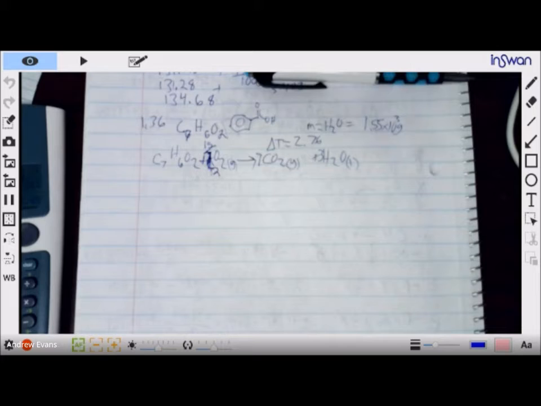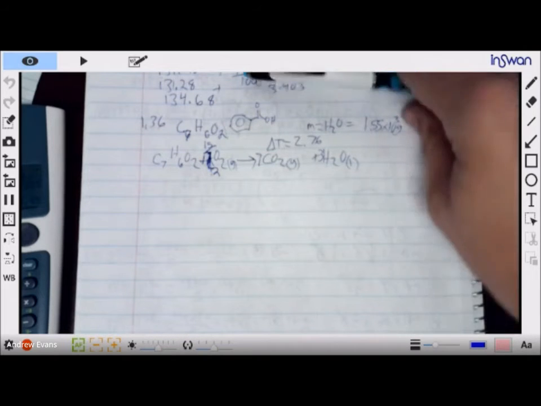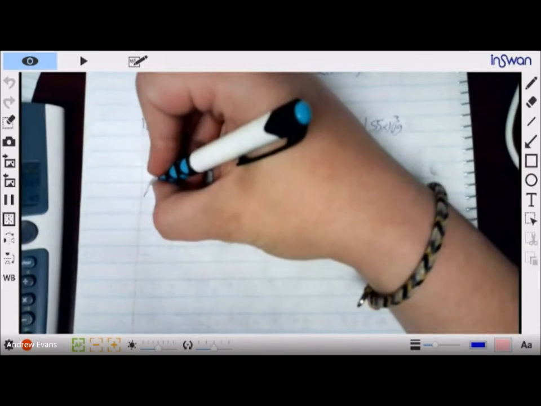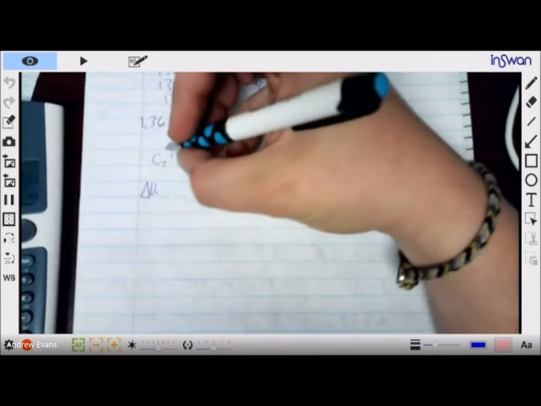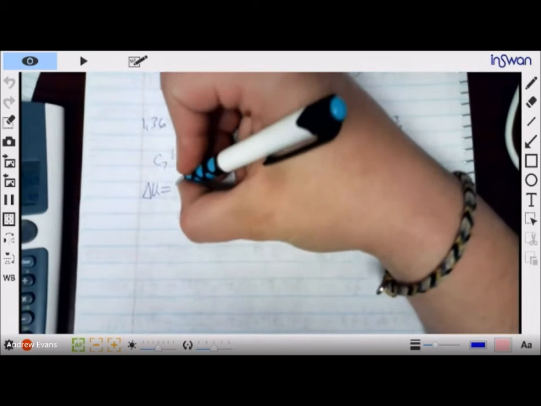Okay, so they want us to calculate the heat capacity constant for the calorimeter. We need a bunch of different values to do this. But the basic equation is: in a constant volume calorimeter, it's a hermetically sealed bomb, so the delta U of the whole system is 0.